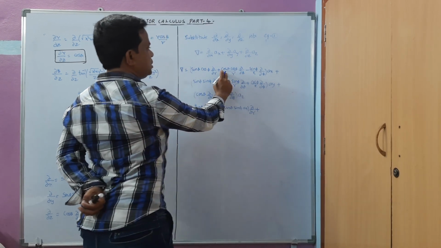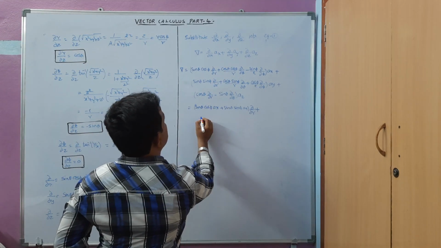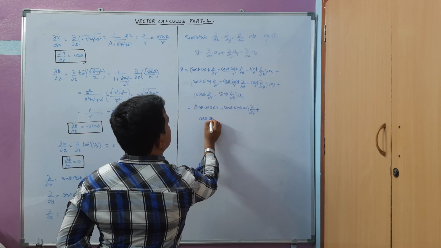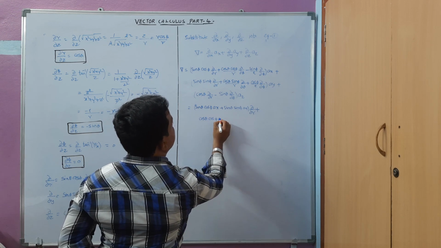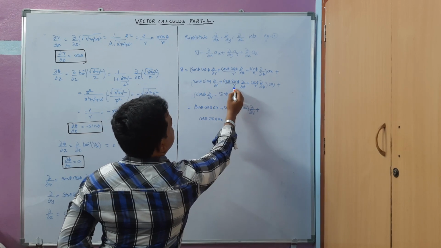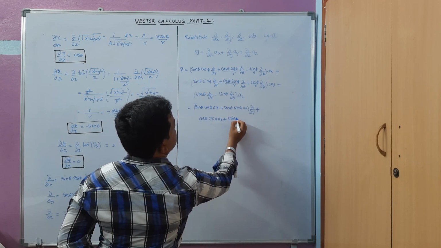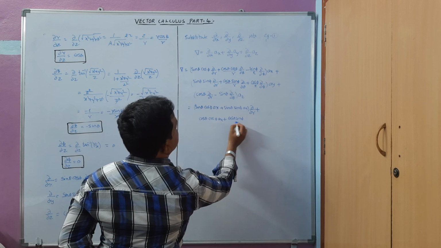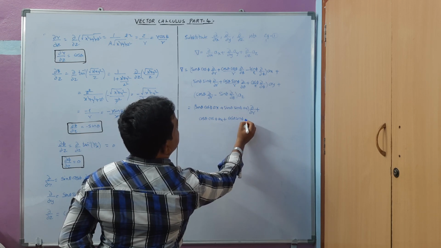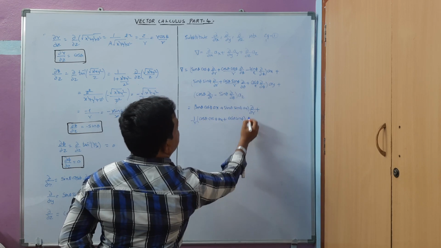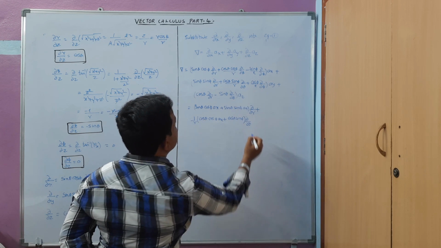First one, I will take the common 1 by r outside, that is cos theta cos phi Ax, next plus cos theta sin phi Ay into dou by dou theta. Here 1 by r is taken common, and dou by dou theta is common here.